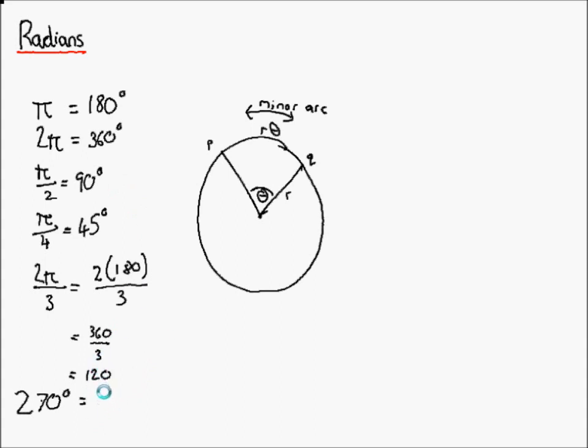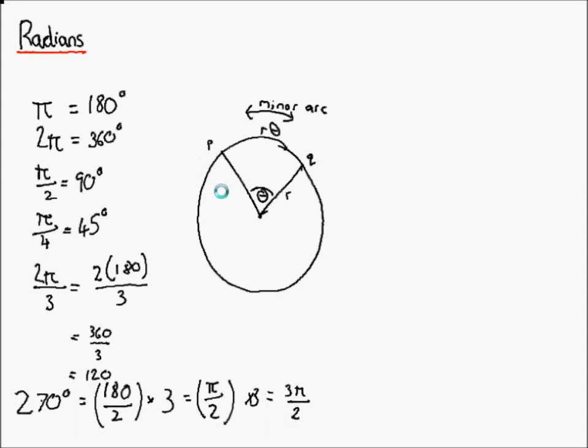So it's equal to 180 over 2, and then times that by 3, because 90 times 3 is 270, which is equal to pi over 2 radians times 3, which is equal to 3 pi over 2 radians.